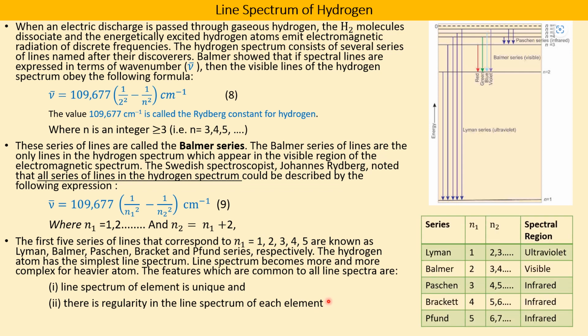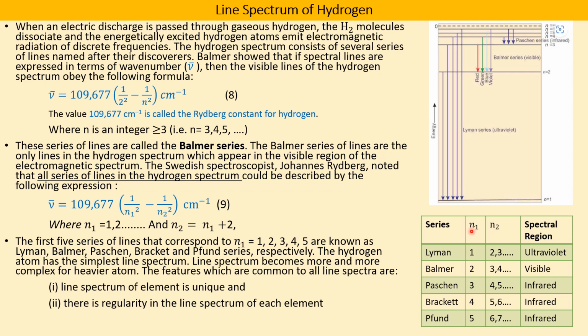The table appearing on the screen also shows the values of n1 and n2 given in equation number 9 for different series like Lyman, Balmer, Paschen, Brackett and Pfund.